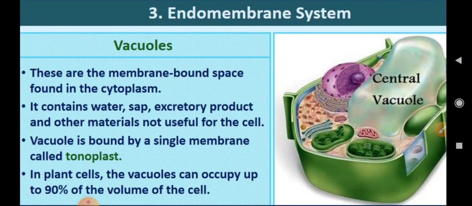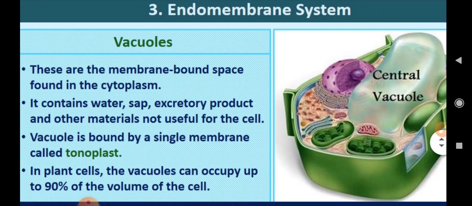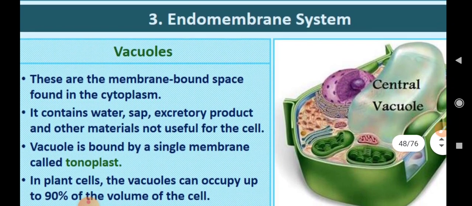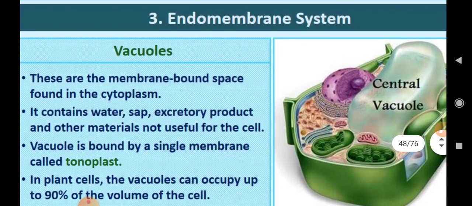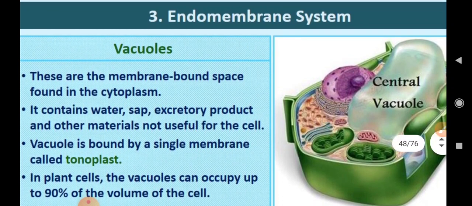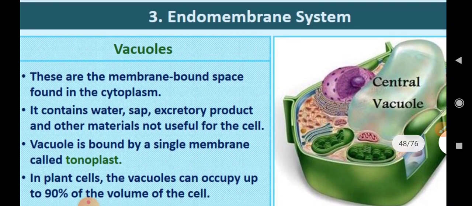Now vacuoles are surrounded by a membrane. When we say membrane bound, it means it is covered by a membrane, and the term used for that single membrane is tonoplast. If you compare the number of vacuoles in animal cells and plant cells, you will find that the plant cell has a single large vacuole, occupying about 90% of the cell volume.